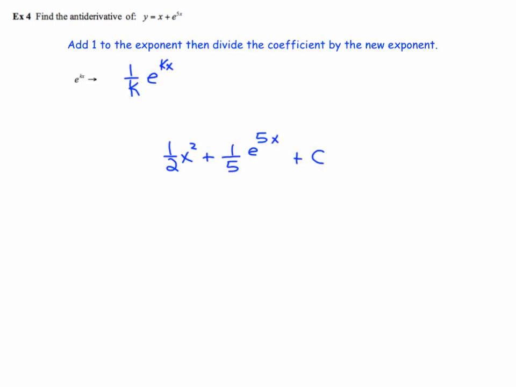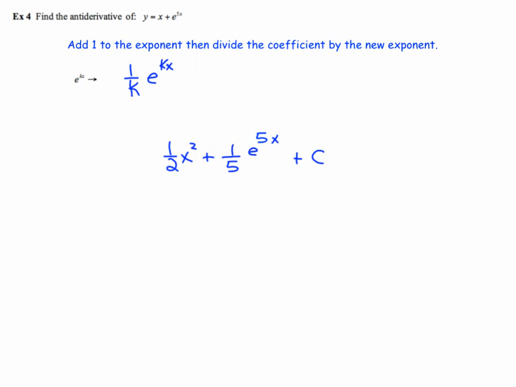So x becomes 1/2 x squared. If I take a look at e to the 5x and look at my popular antiderivatives on the formula sheet, the 5 becomes the fraction out front. You can see that I have the formula there: e to the kx is 1 over k e to the kx.